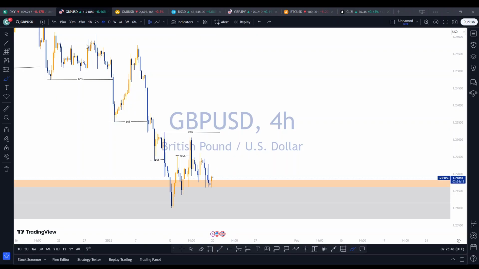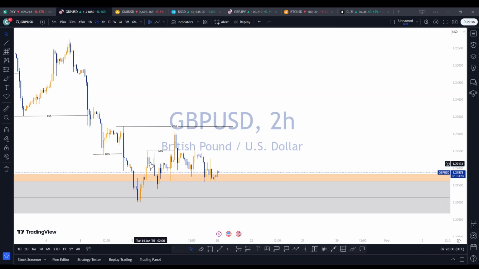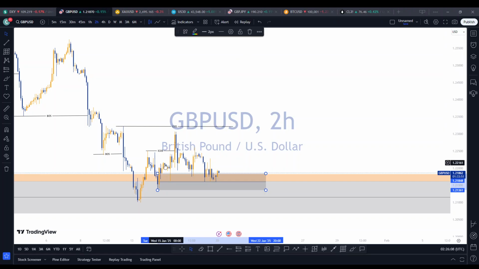But let's go to a smaller time frame and see. Here the market is currently reacting around this break of structure right here. That's where the current market is reacting at.